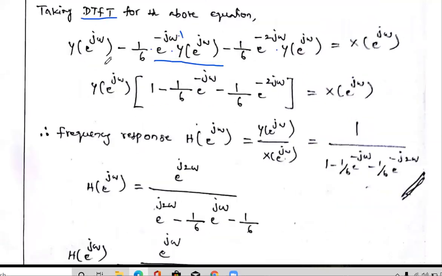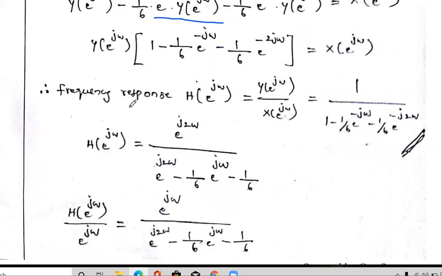Then, on the left side, the three terms have Y of e power j omega in common, so you take that term as common. The remaining terms are 1 minus 1 by 6 e power minus j omega, then minus 1 by 6 e power minus 2j omega, which is equal to X of e power j omega.